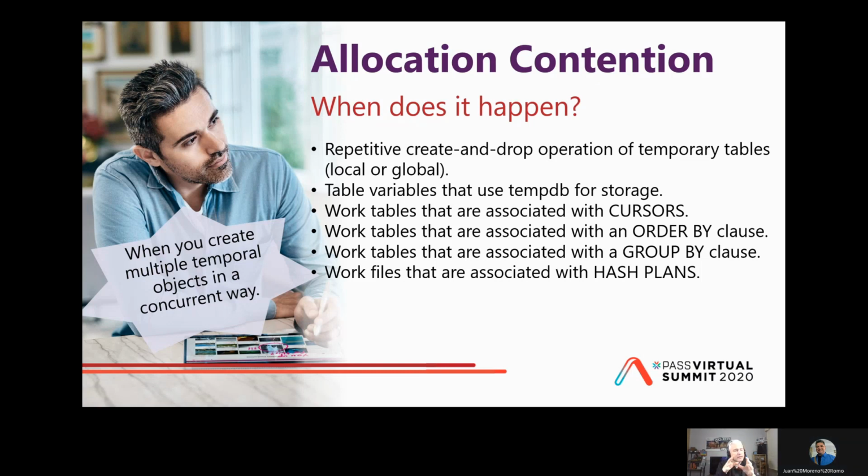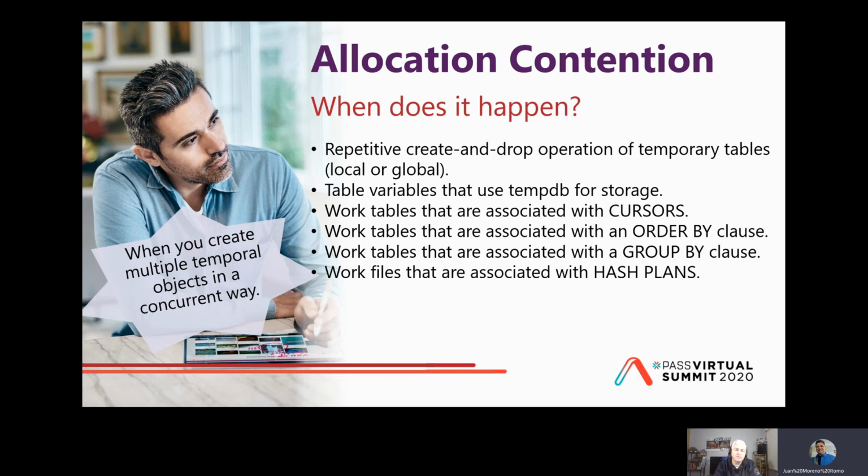Right now, I think I can understand what happened with the application, right? In the beginning, we had just 16 threads running concurrently, creating and deleting tables. And now, when we have more, we have allocation contention, right? Yeah, exactly. We are using tempdb intensively because we are creating a temporary table.